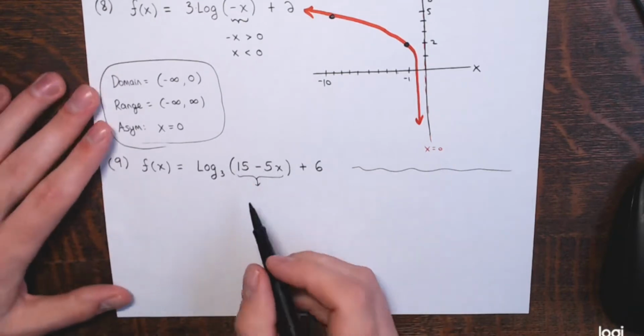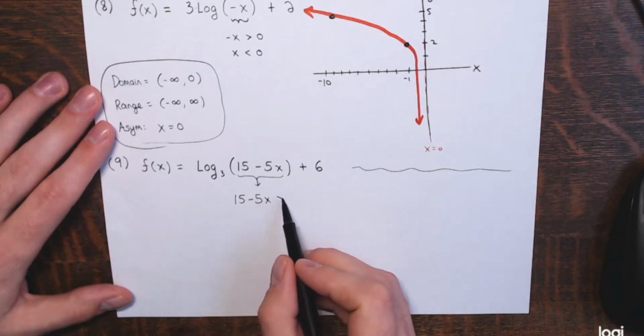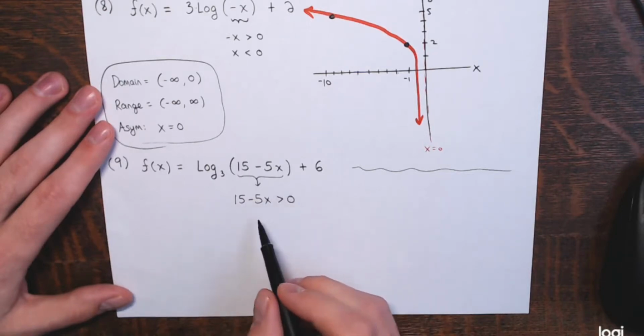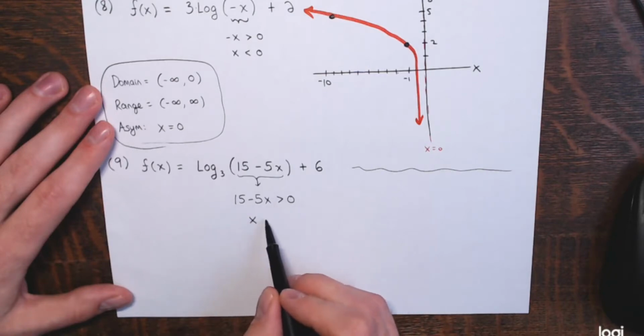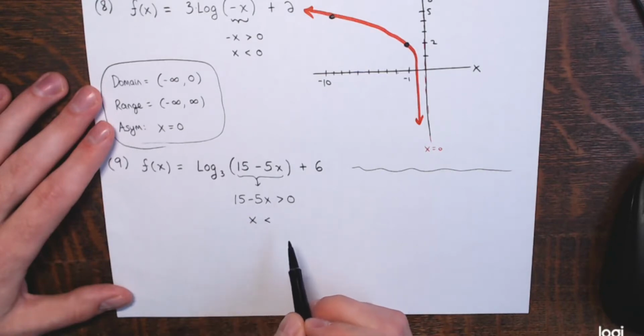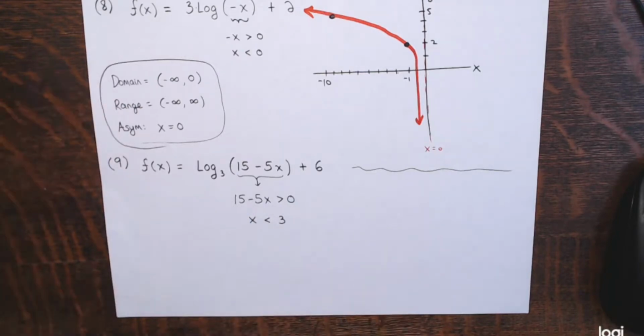So 15 minus 5x must be greater than 0. If you subtract 15 and then divide by negative 5, that'll flip the symbol. And negative 15 divided by negative 5 is positive 3. So x is going to be less than 3. All right.